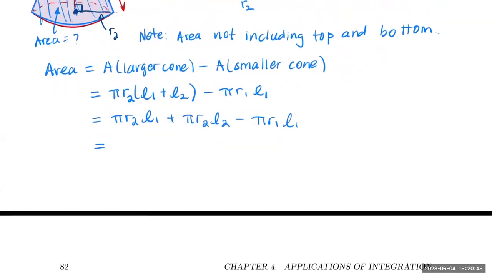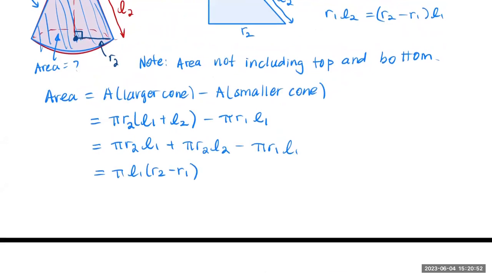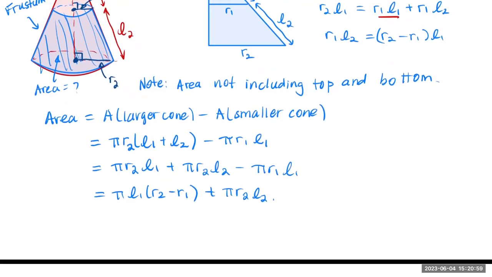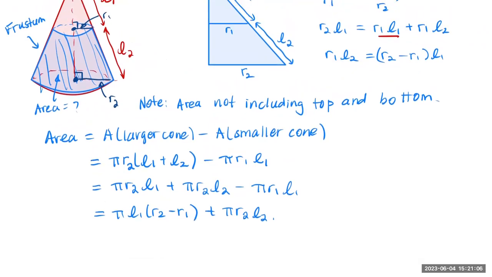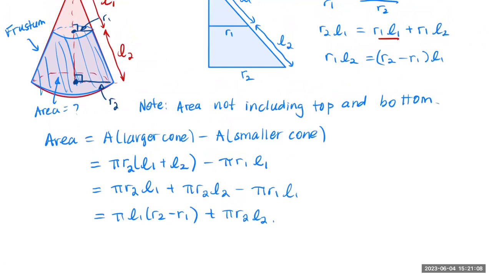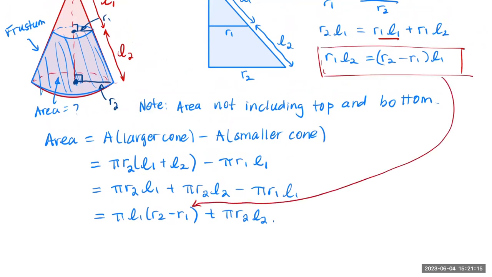So we have pi L1 multiplied by R2 minus R1, and then plus pi R2 L2. However, see this part, L1 multiplied by R2 minus R1 is exactly R1 times L2. So let's take this formula, this is what we need, and put it into this part here. That's what we're going to change here.